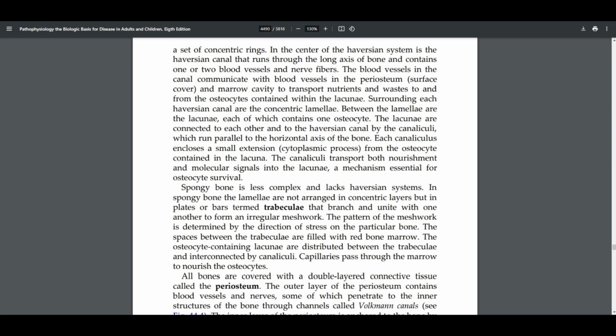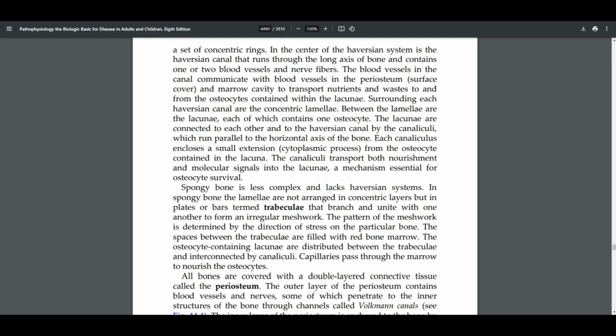Spongy bone is less complex and lacks Haversian systems. In spongy bone, the lamellae are not arranged in concentric layers, but in plates or bars termed trabeculae that branch and unite with one another to form an irregular meshwork. The pattern of the meshwork is determined by the direction of stress on the particular bone.